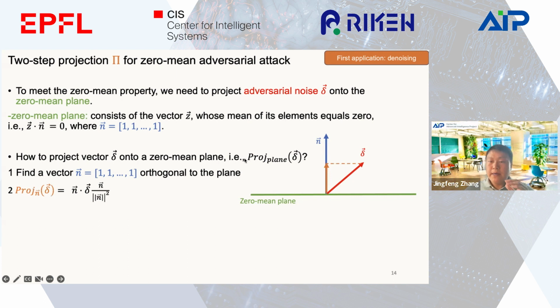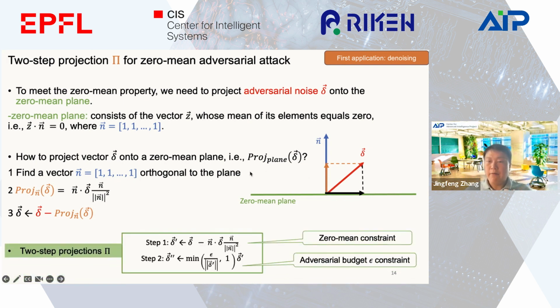Then we project the vector delta along the direction of this all-one vector. Then the adversarial noise delta minus this new projection leads to a new vector that is on the zero mean plane. Therefore, the black vector is what we want.